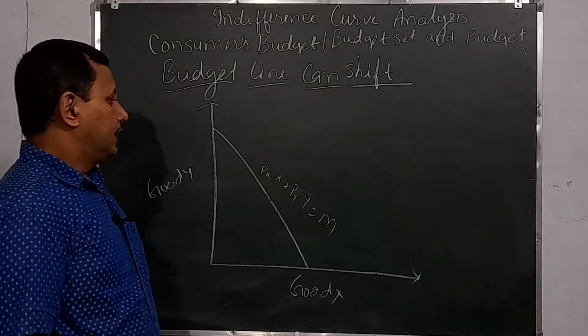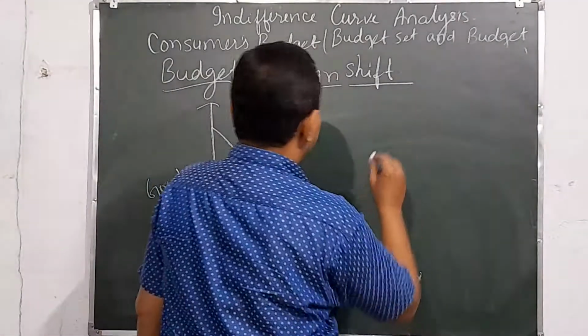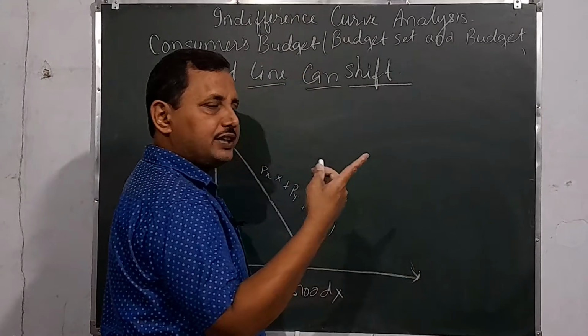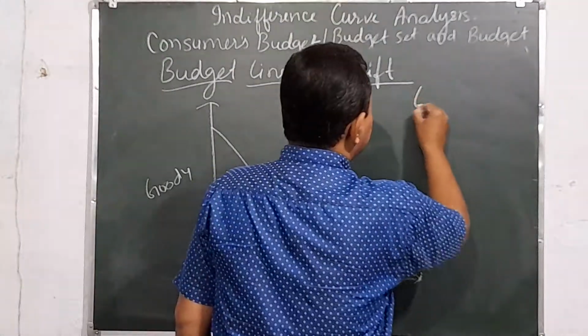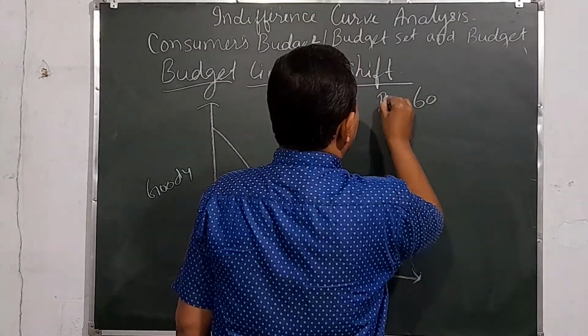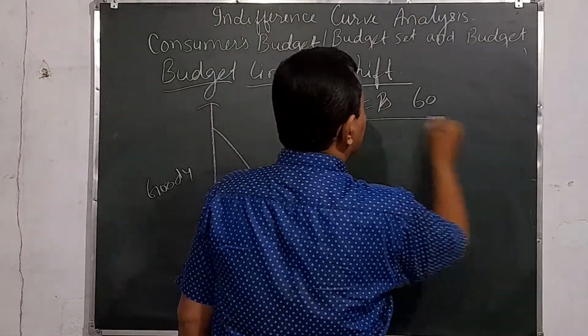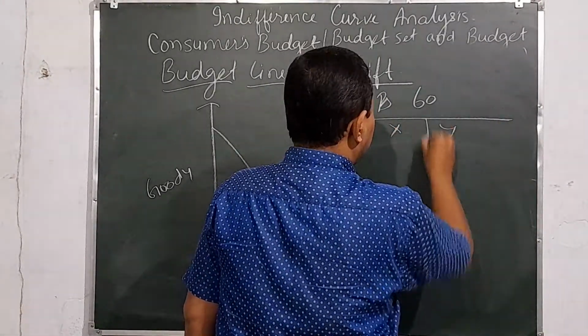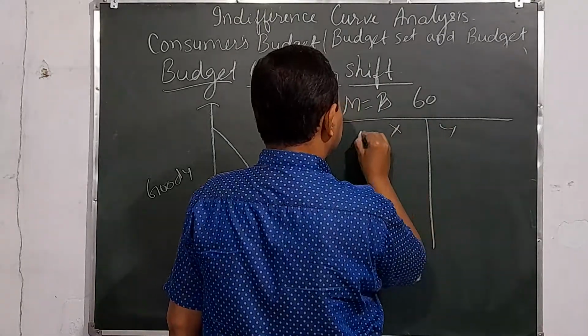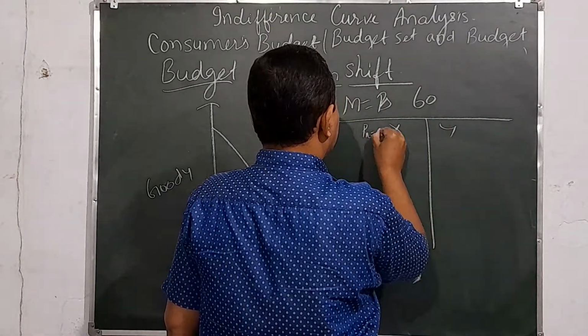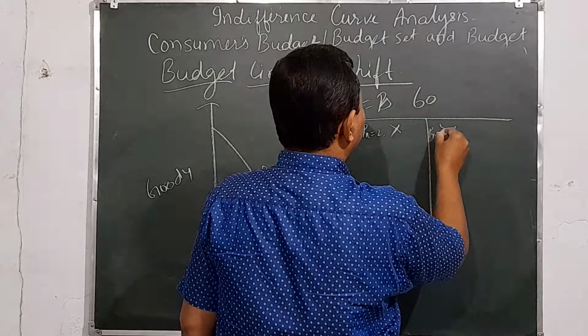Listen here. We will take the budget set which I have already taken earlier. Say 60 is the budget of the consumer, and here Px is 2 and Py equal to 1.